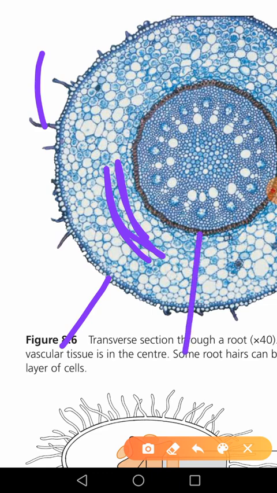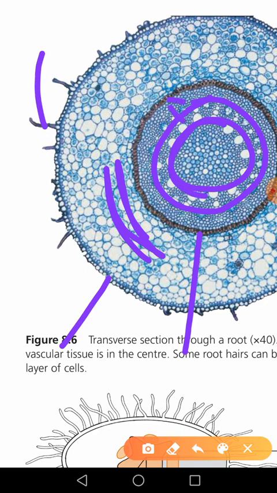Then we have an inside layer which we call the endodermis. Epi means top, endo means inside. Inside the endodermis we have a layer of xylem and phloem, and always phloem is near the outside. This is one vessel, and this is another vessel.